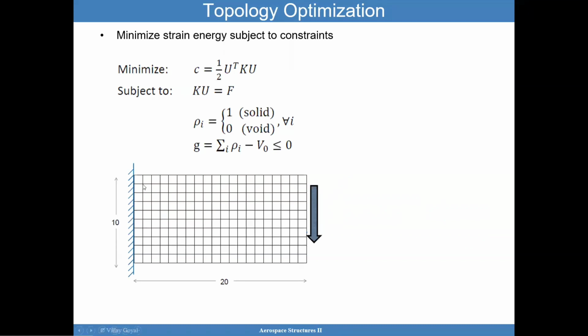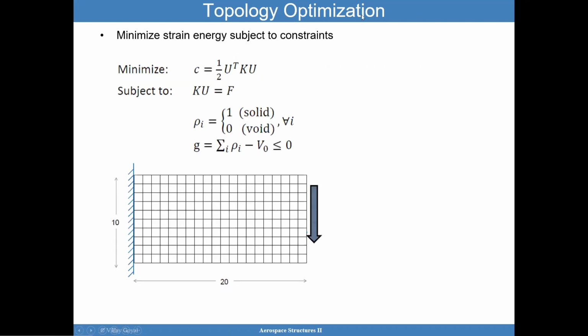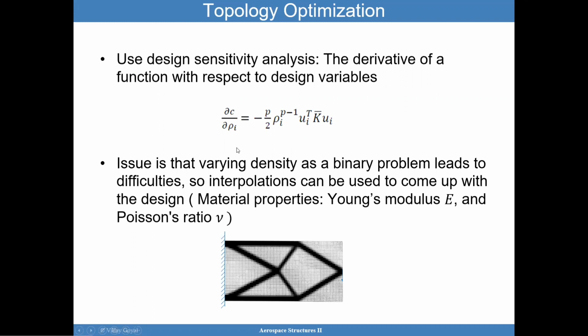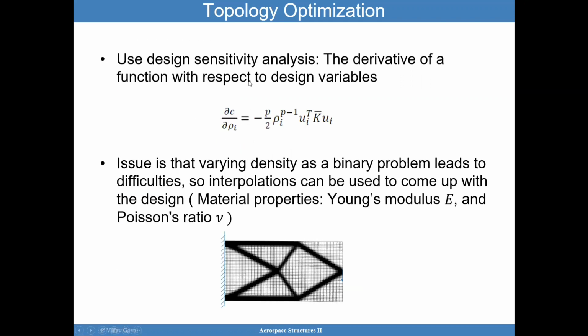So here you have a cantilever beam subject to a load 10 by 20, and the question is how you optimize this design. So the idea of topology optimization is to put in this objective function and these constraints, and to use design sensitivity analysis to determine how sensitive this strain energy, in this case C, is to the variables of interest.